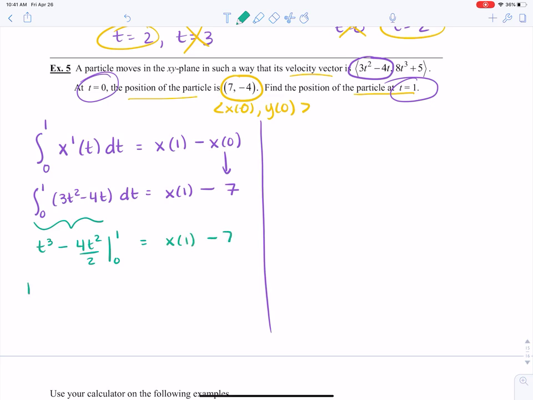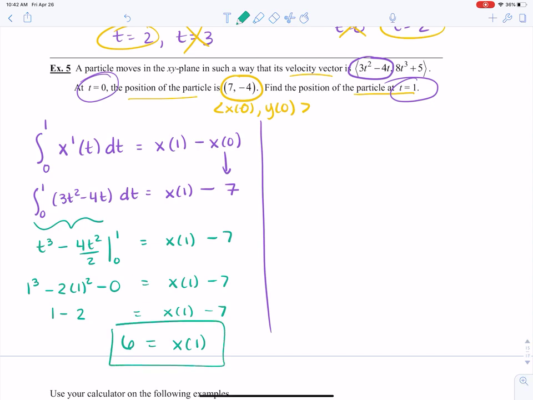When I plug in 1, I get 1 cubed minus 2 times 1 squared minus 0. And I can find that x of 1 minus 2 is negative 1, plus 7 is 6. And I've done this in one step using first FTC.